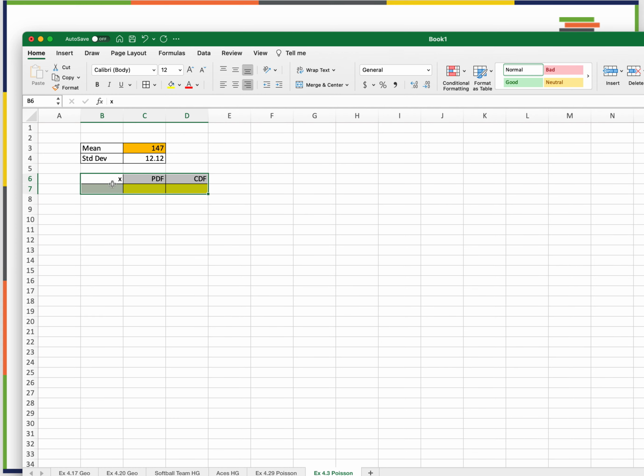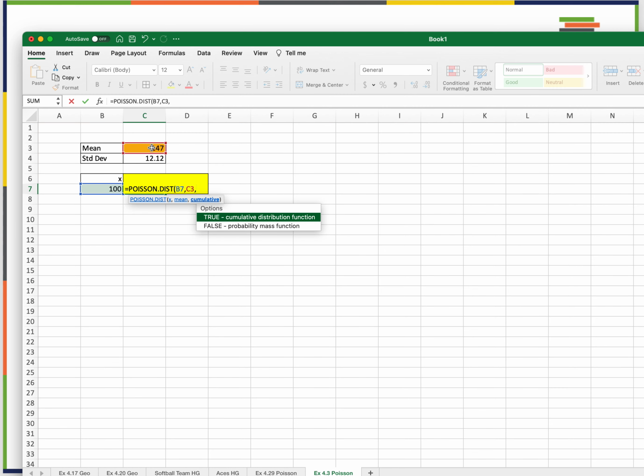So let's just put any old number in there. Let's put 100 just to start. And I want this to be Poisson distribution of that many, comma, that, comma, and notice if I want to put false, I could put the word false in there too, right?